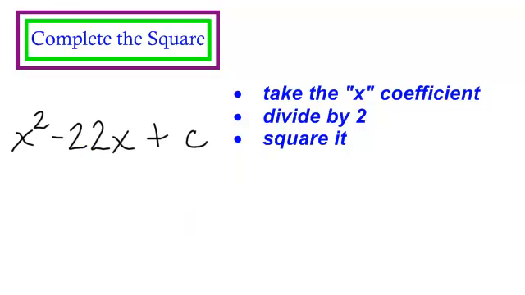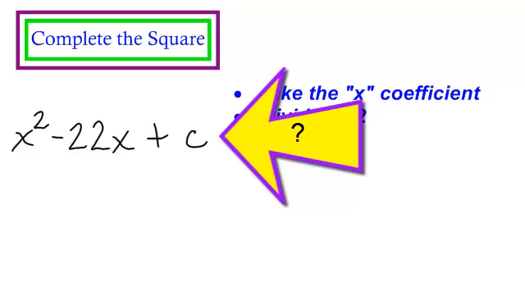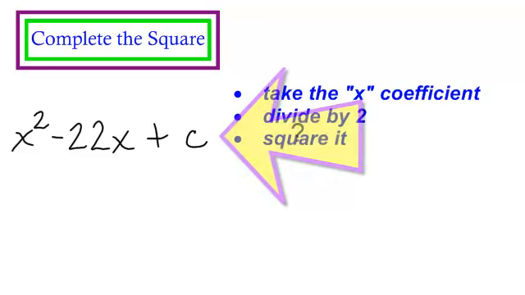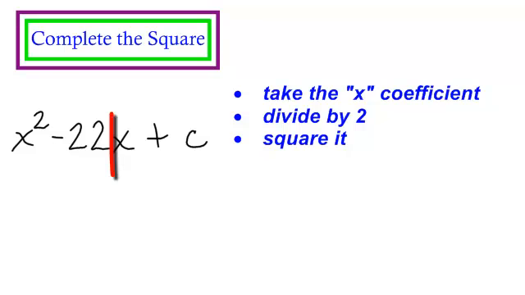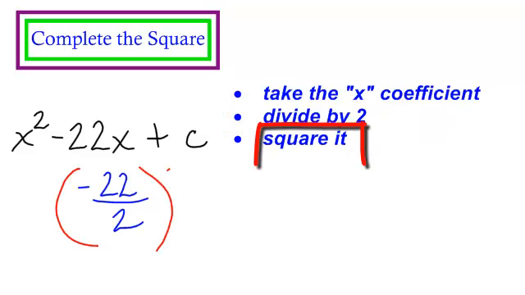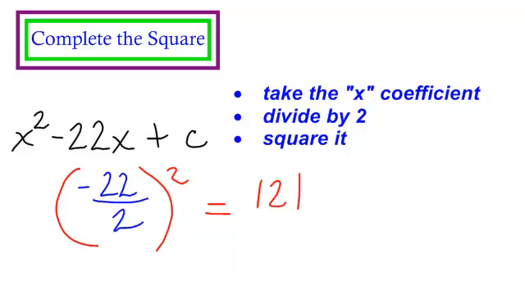What if I have x squared minus 22x? What constant could I add to make this a perfect trinomial? We take the x coefficient. In this case, it is negative 22, and we divide it by 2. We take that answer and we square it. Well, negative 22 divided by 2 is negative 11. Negative 11 squared is a positive 121.